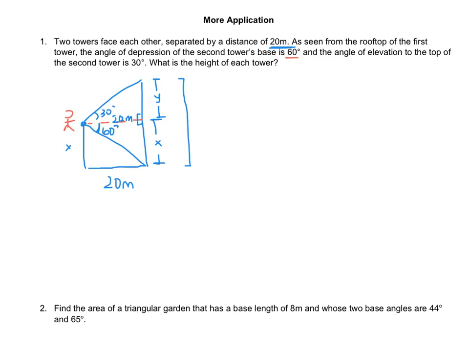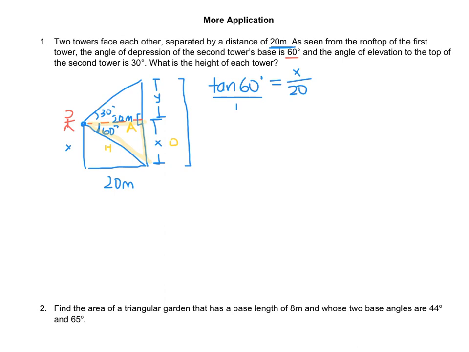So let's start with the bottom triangle to solve for X. So X is my opposite, 20 is adjacent, and my blank side is the hypotenuse. So because we're looking for opposite and we have adjacent, we will be using tan. And it's going to be tan of 60 equals opposite over adjacent.